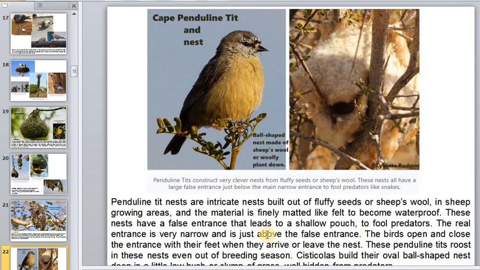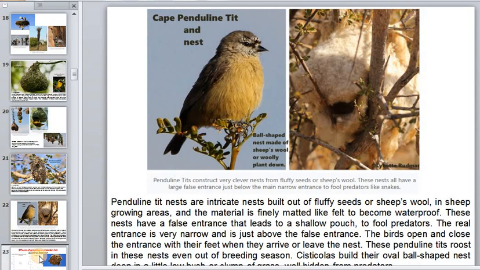The birds open and close this entrance with their feet when they arrive or leave the nest, and they use this nest even out of breeding season. It's a very interesting way of building a nest.